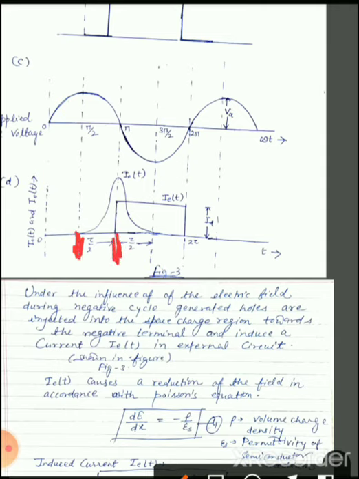I_0(t) starts from here and I_ET starts from here. So the current I_ET is delayed by time tau/2, or 90 degrees, relative to the current I_0(t).